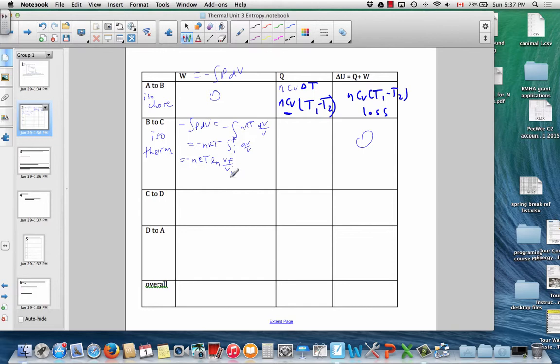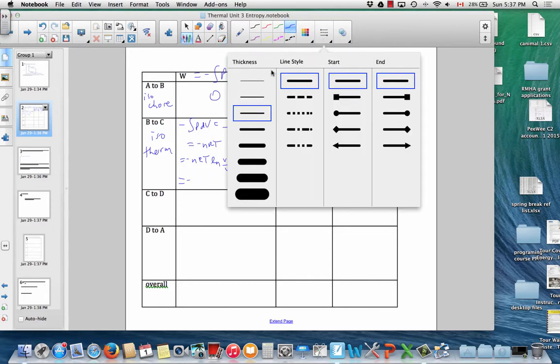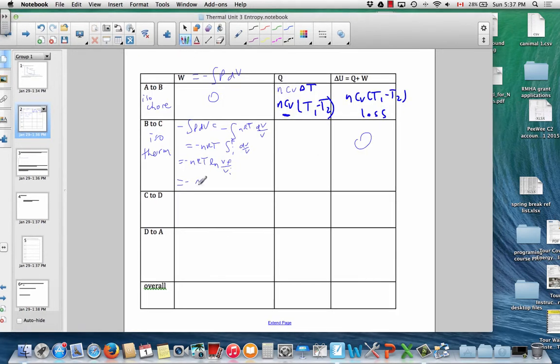The final point is V1, and the initial point is V2 on our diagram. So that's minus nRT natural log of V1 over V2.